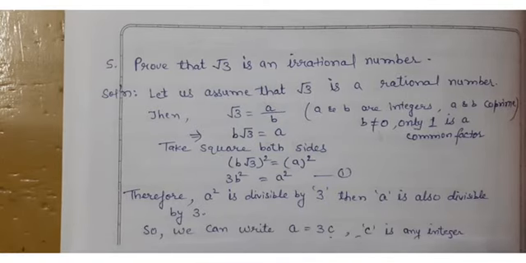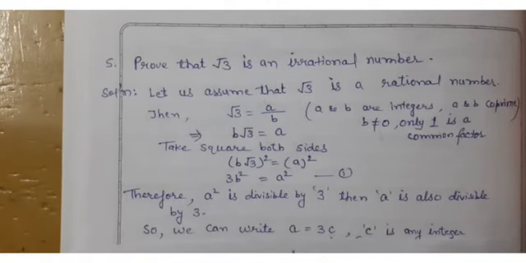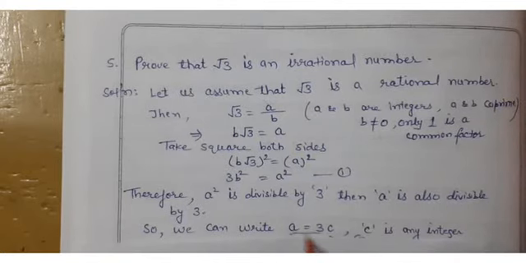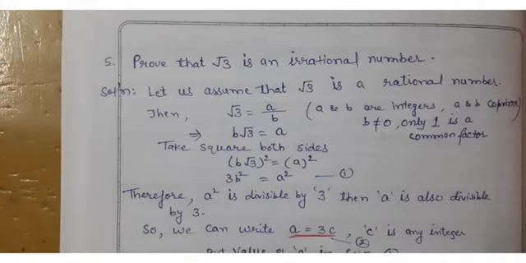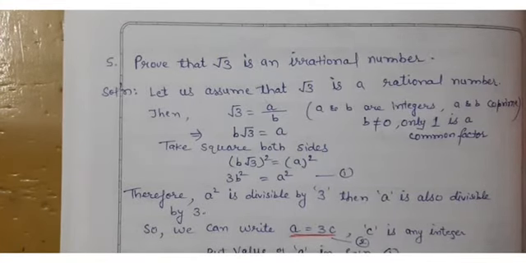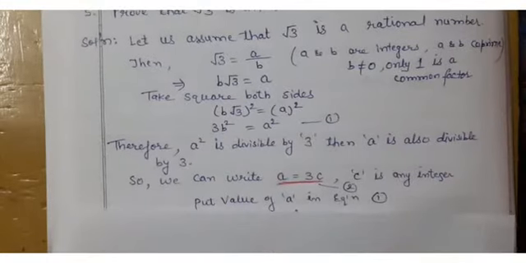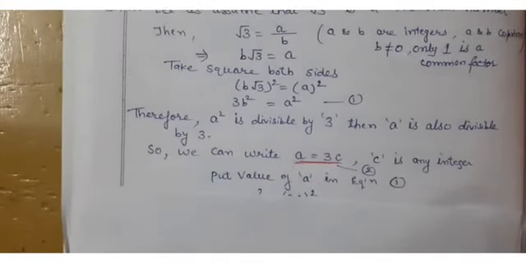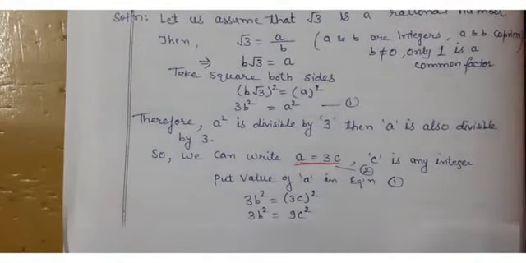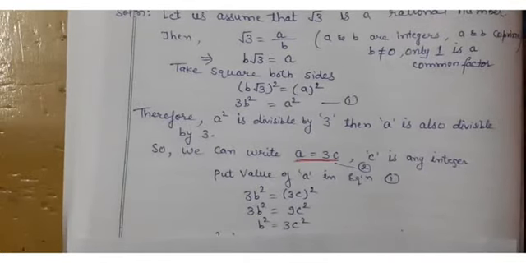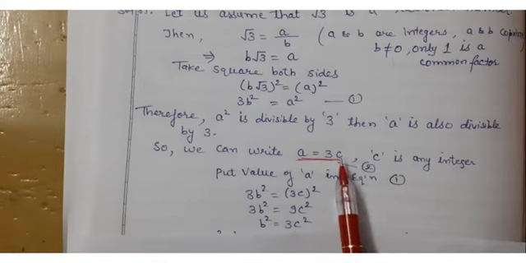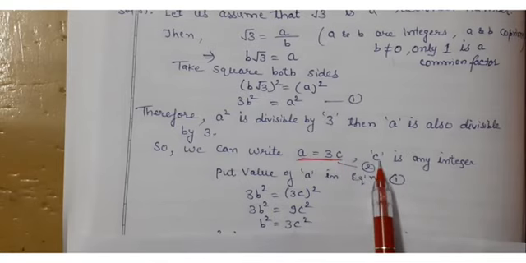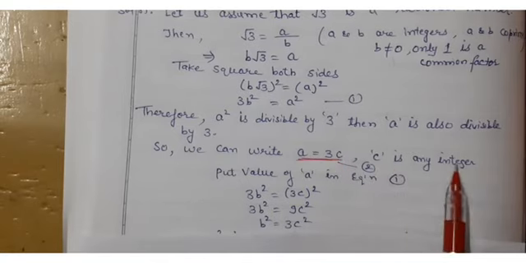So you can write in this form, a is equal to 3c. This is your equation number 2. And what is c here? c is any constant and c is any integer.